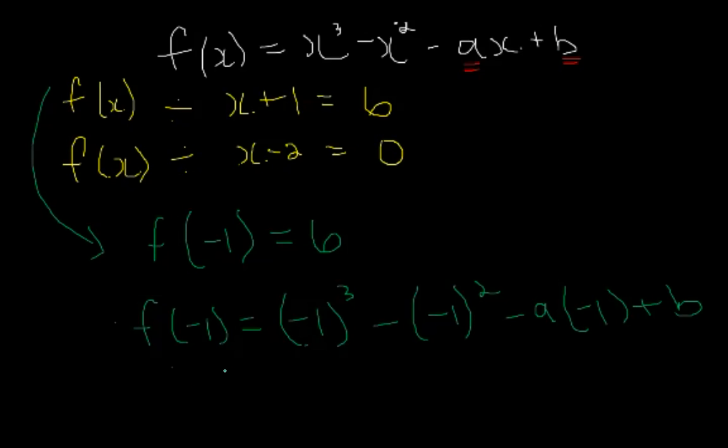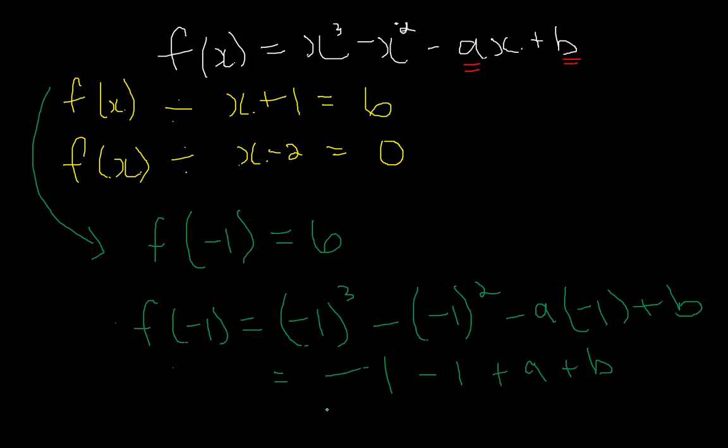If I simplify this, minus 1 cubed is minus 1, minus 1 squared is minus 1, so that's minus 1 plus a plus b. Let me just rearrange it so it looks neat: a plus b minus 2. F of minus 1 is equal to a plus b minus 2. But they also told me that f of minus 1 is equal to 6. So what does that mean? a plus b minus 2 is equal to 6.